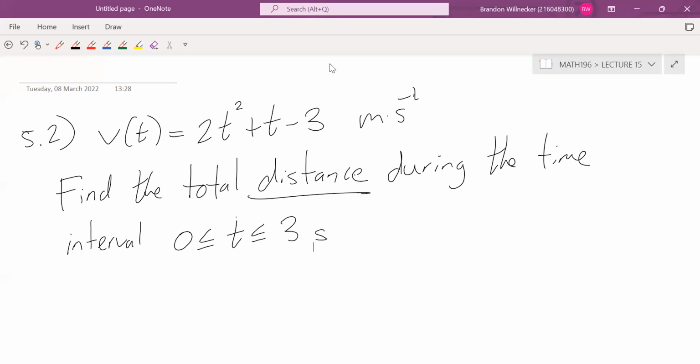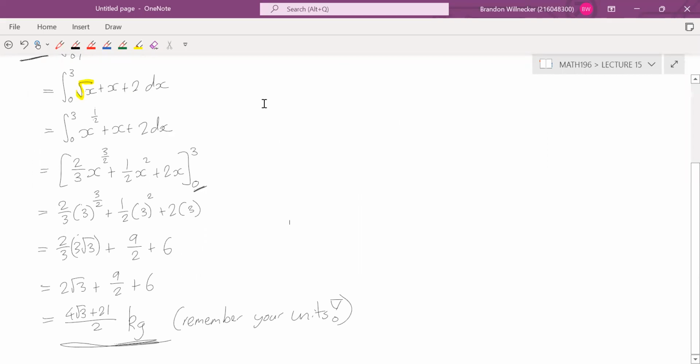Yes, someone's got a question? With 5.1, I got 4 square root 27 plus 63 over 6. Oh, times by 3, so root 27. You can write that as square root of 3 times 9, and then root 9 is 3, so you get 3 root 3.